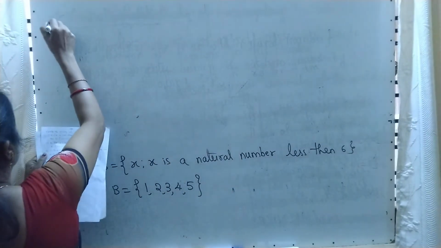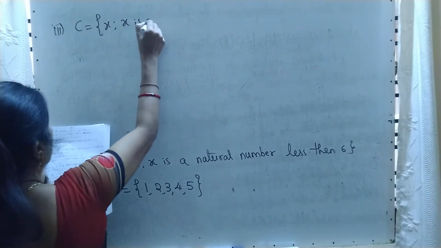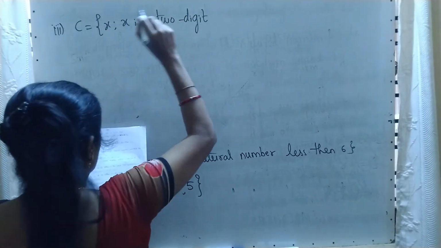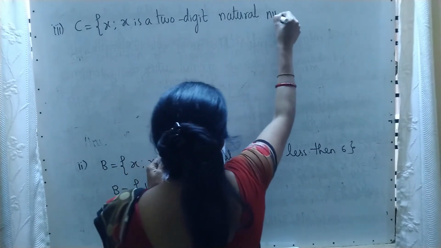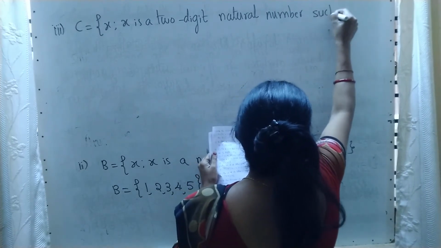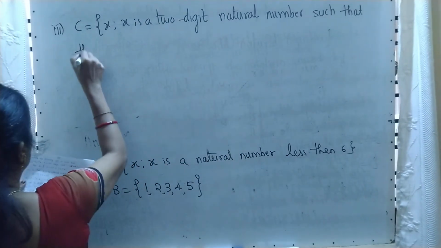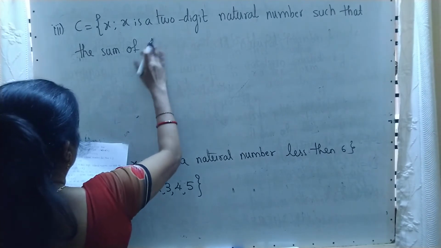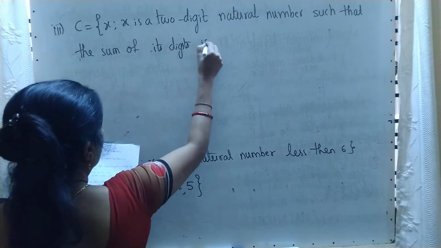Third one. See, x such that x is a 2-digit natural number such that the sum of its digits is 8.